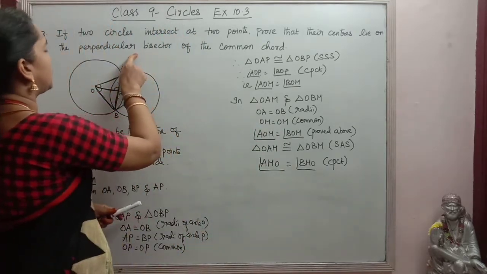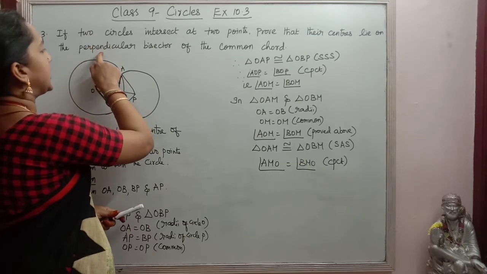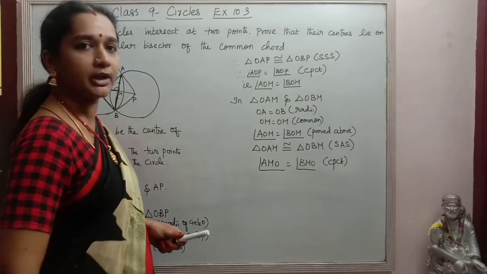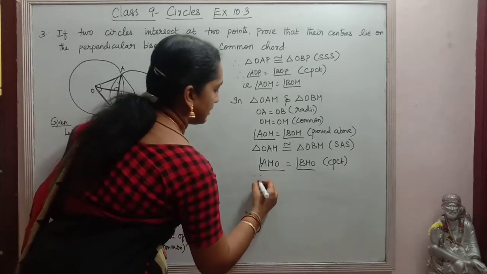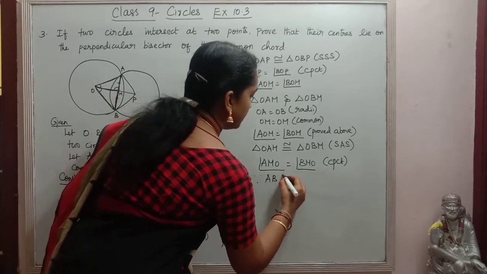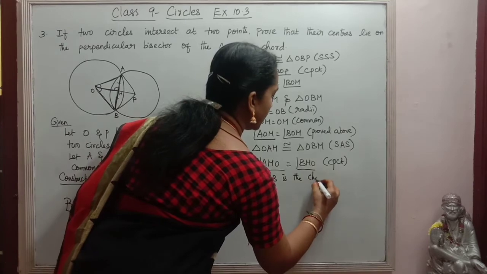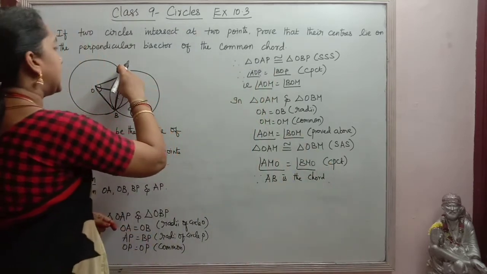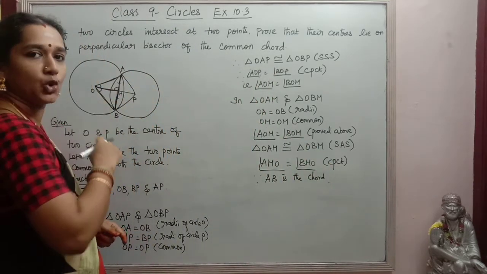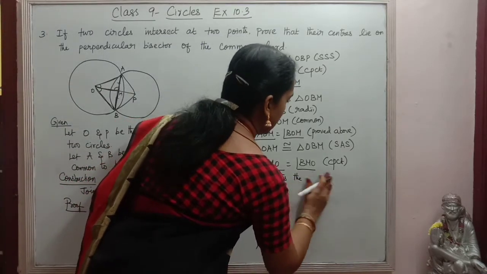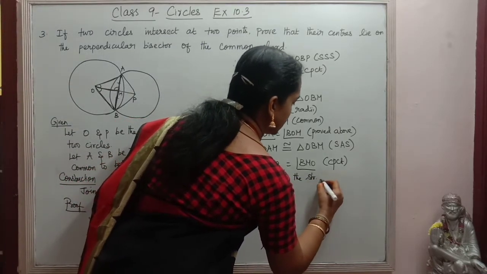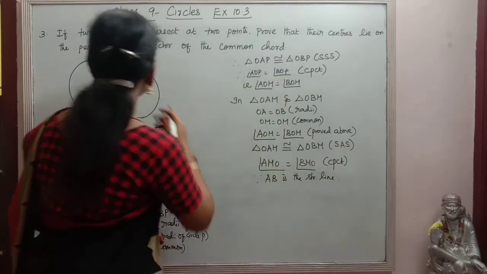But we are asked to prove that the centers lie on the perpendicular bisector of the common chord. So AB is the chord. Since AB is the chord, we can say that AMO plus BMO is equal to 180 degree. Chord means it is a straight line. So in this, two angles are there.